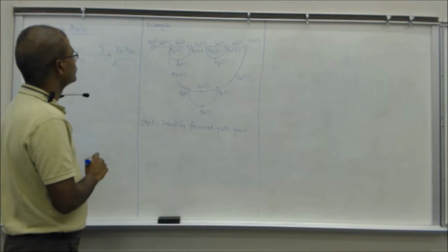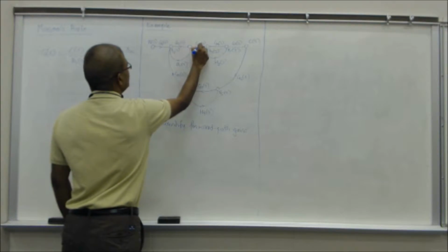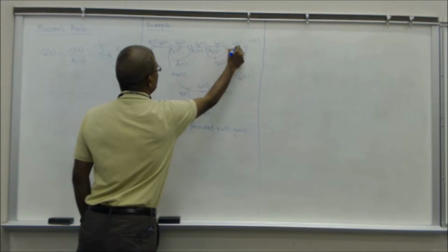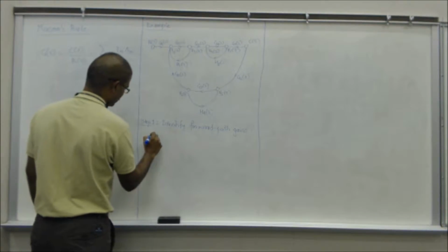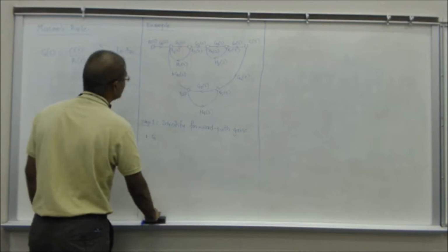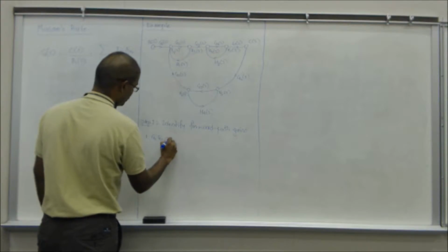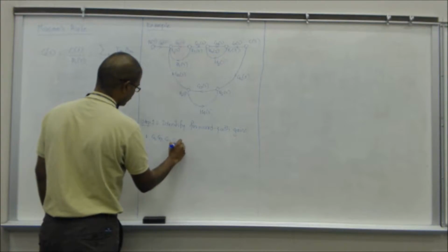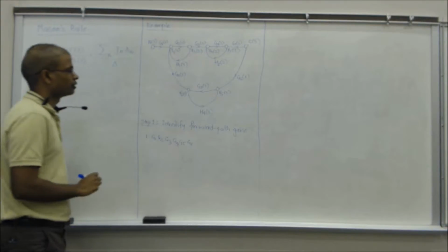So if you look at this, the forward path gains are what? The first one is G1, so I'll just skip the S part. G2, G3, G4, G5, and G6.